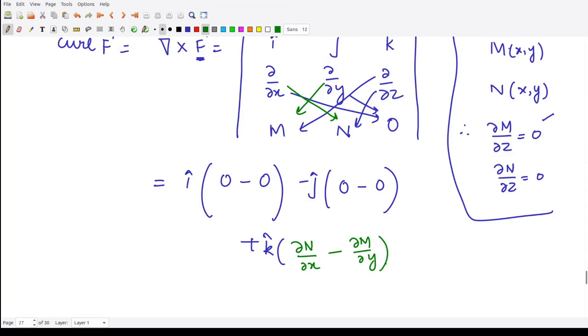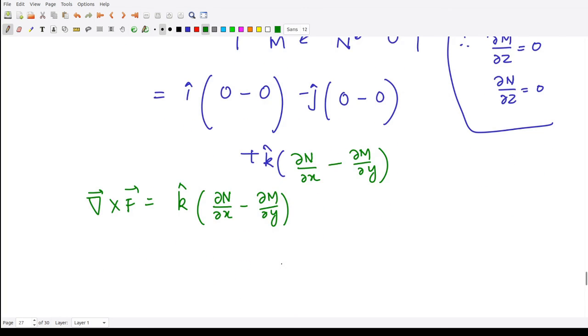So that means your curl of f. What is your curl of f? It is del cross vector f, that appears to be k cap times del n by del x minus del m by del y, this quantity.